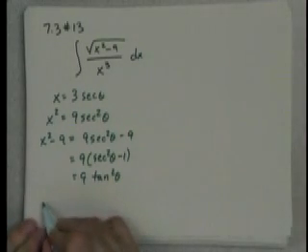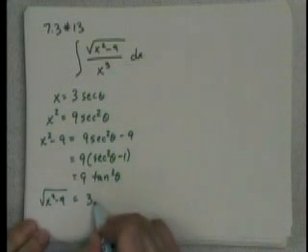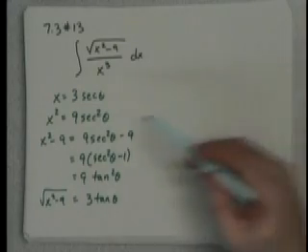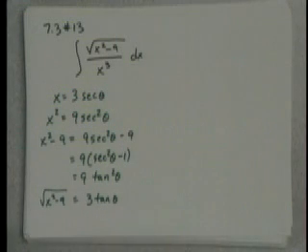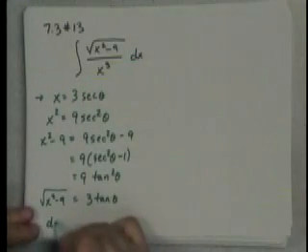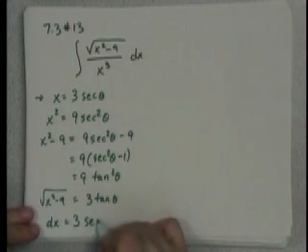So the square root of x squared minus 9 is 3 tangent theta. And the inverse secant theta is restricted to first and third quadrants, so tangent's always positive in those spots. And one other thing, taking the derivative of both sides, dx is going to be 3 times the derivative of secant theta, which is secant theta tangent theta.